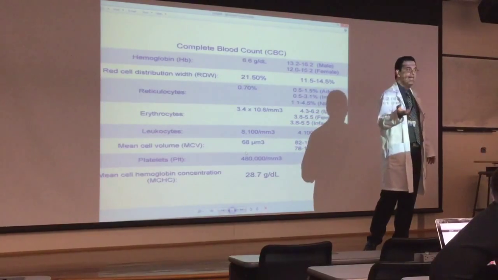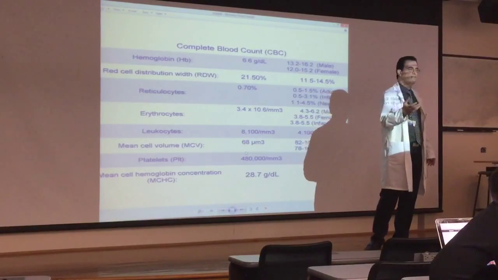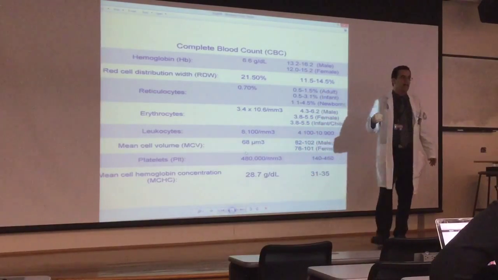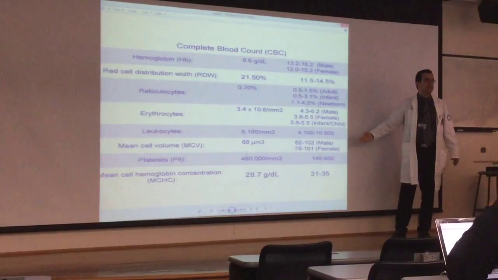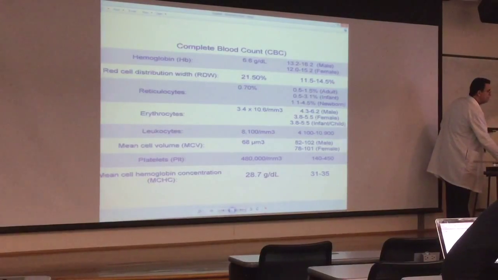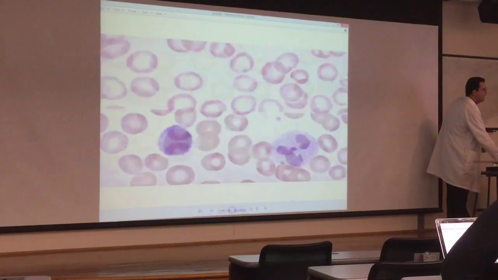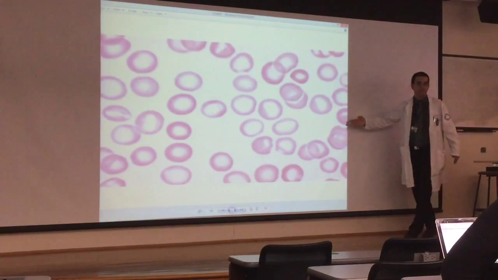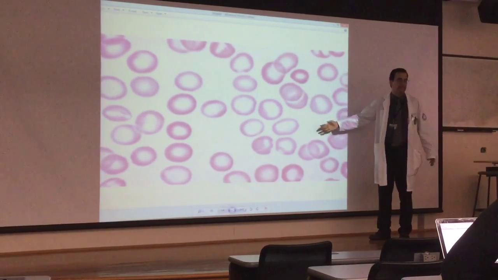Another feature that is relatively characteristic of iron deficiency is something we call anisopoikilocytosis, and the lab test that shows that is RDW. RDW is the red cell distribution width, and I will show you this picture of normal and of iron deficiency anemia, which is a hypochromic microcytic anemia.